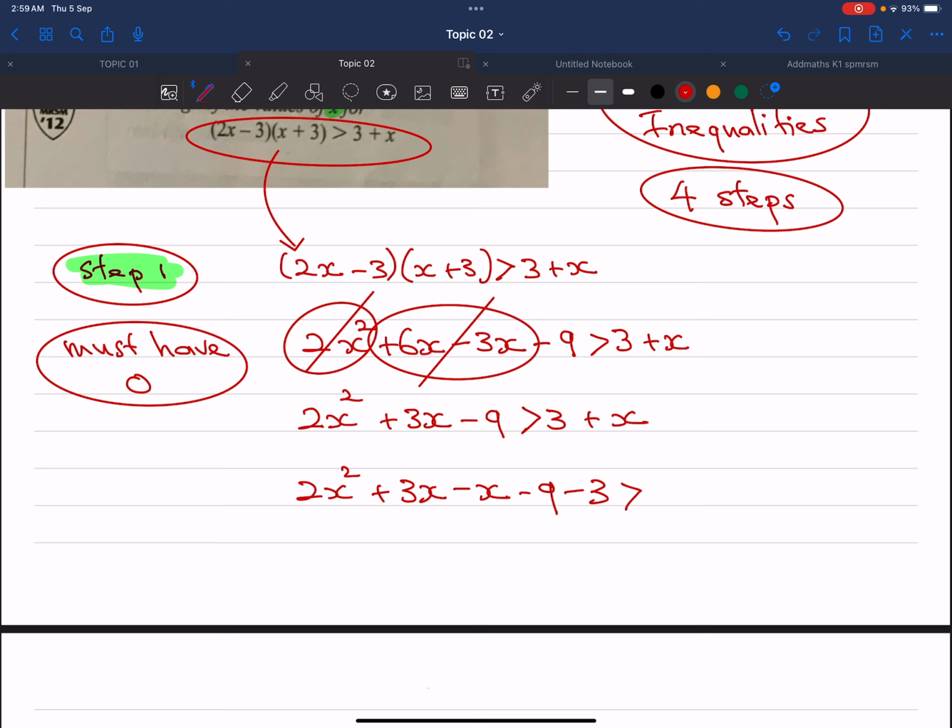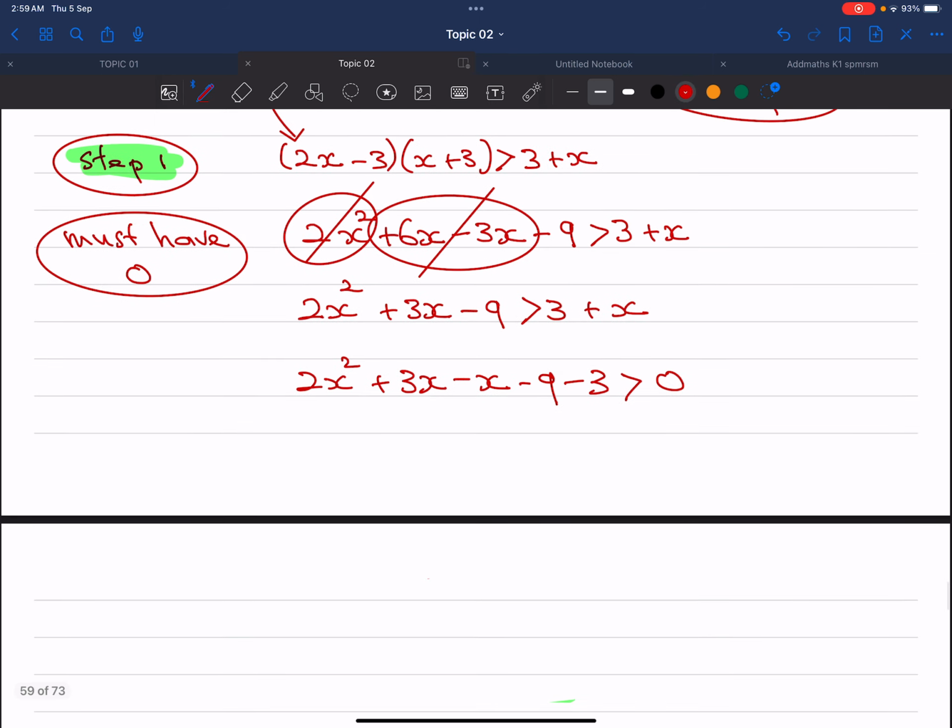Since we have transferred both to the other side, right hand side would be 0. Again, collecting the same terms, 2x squared, 3x minus x, that would be 2x, and finally minus 9 minus 3, that would be minus 12. Copy back the right hand side, more than 0. We already got our 0.